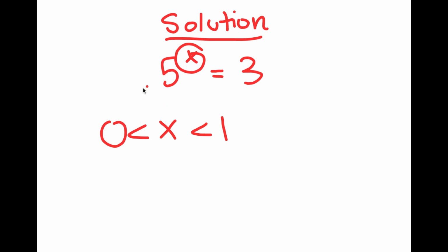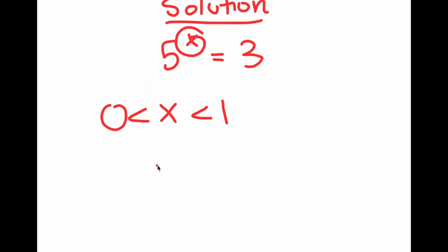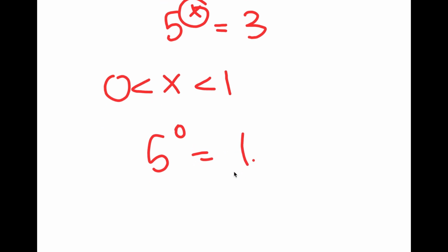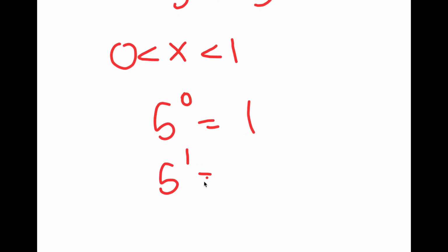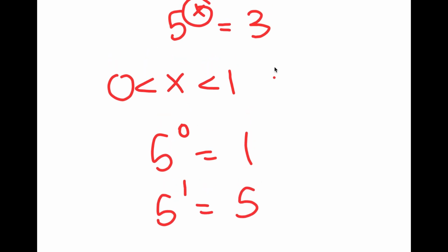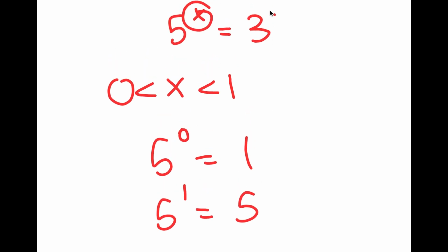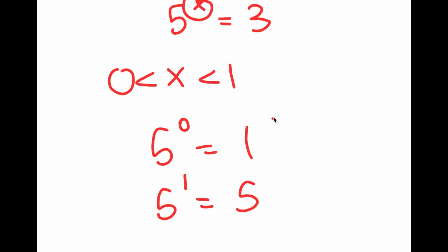And the reason for this is because if I plug in 0 for x, I get 1. And if I plug in 1 for x, I get 5. And the solution to this equation is supposed to be 3, meaning the value of x is going to be somewhere in between 0 and 1, because 3 is in between 1 and 5.